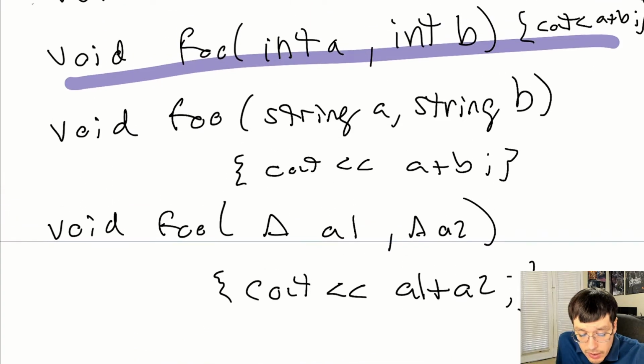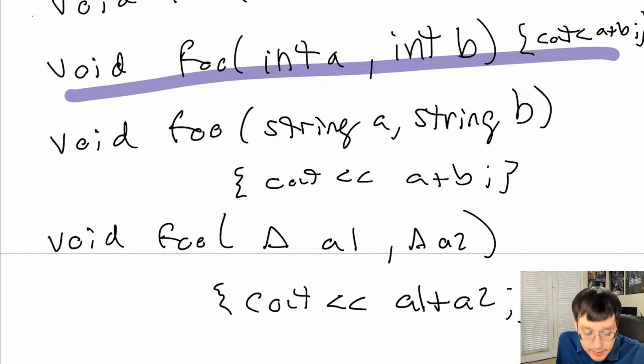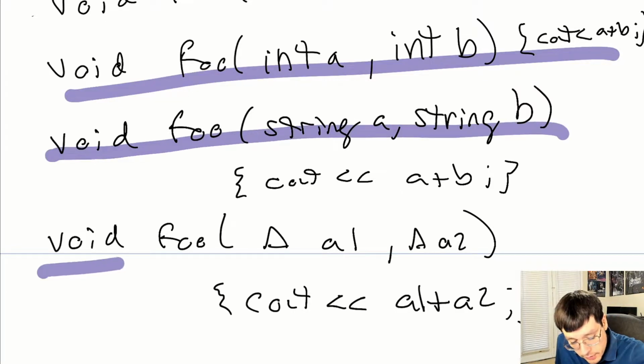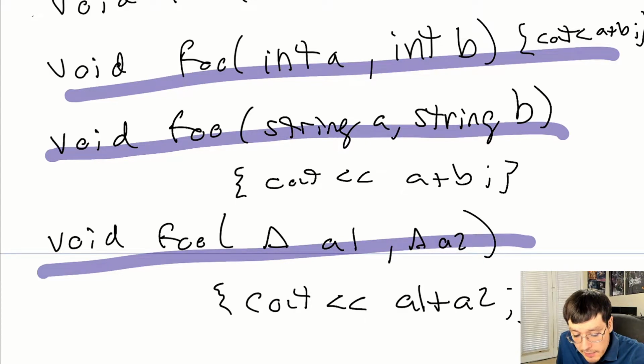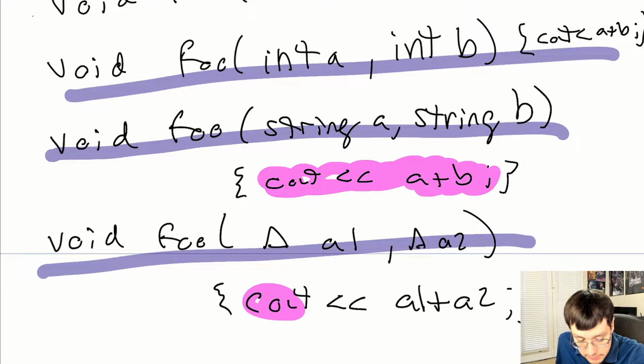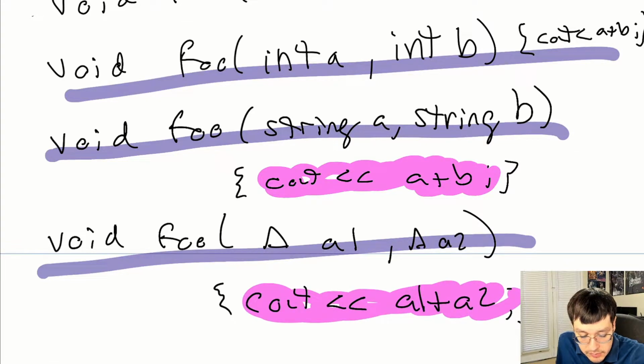So what I'm trying to get to here is that these last 3 functions that are shown, so this one, and this one, they all have basically identical code inside, which is just cout variable 1 plus variable 2. In fact, I named them A1 and A2, but if I just called them A and B, then they would literally be identical, right? And there's a lot of copy pasting involved if you're trying to code this.